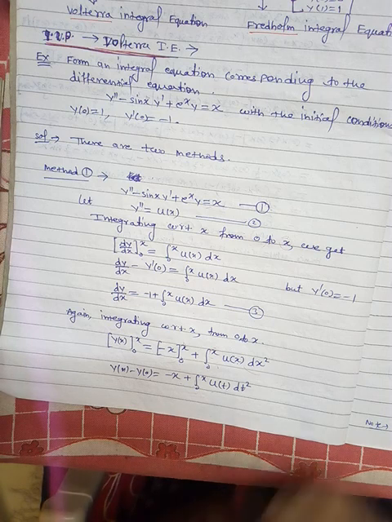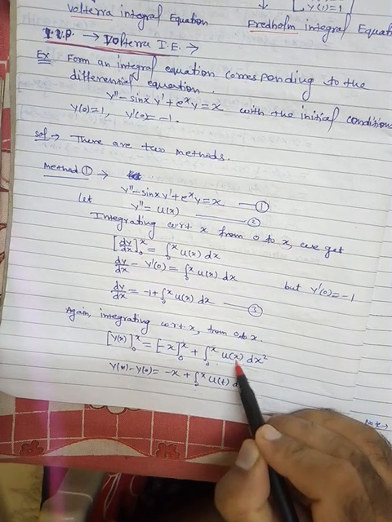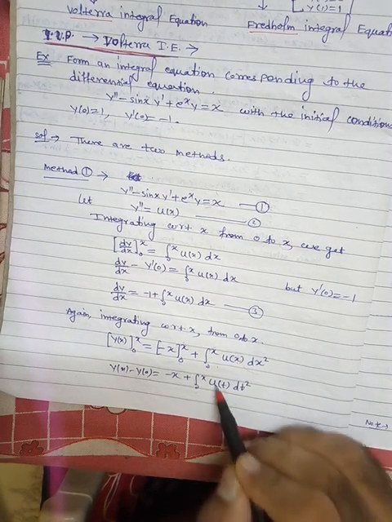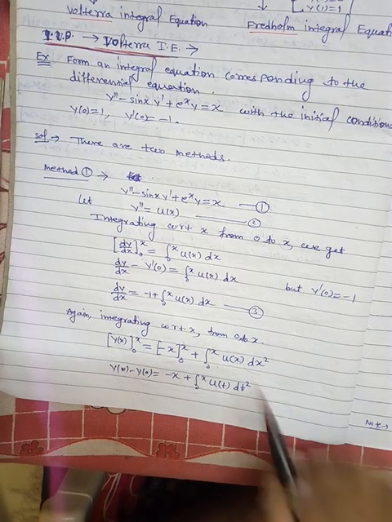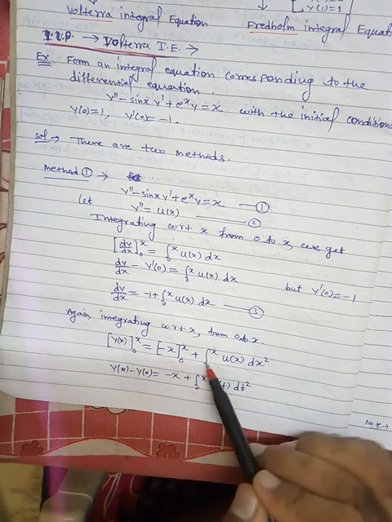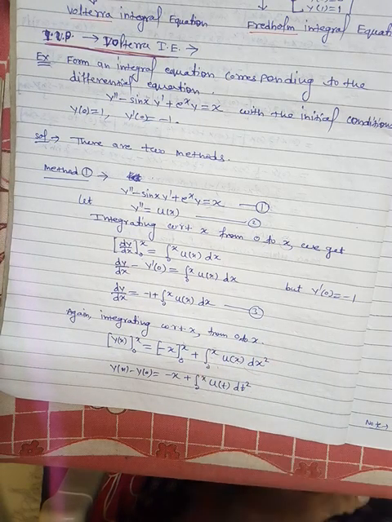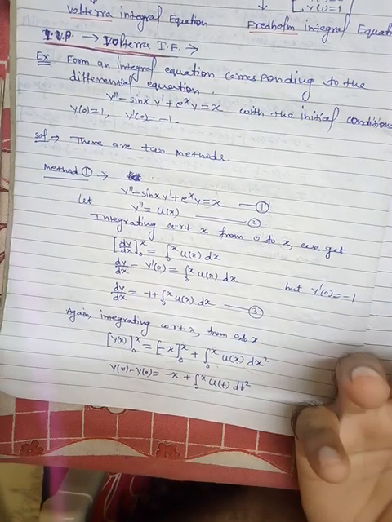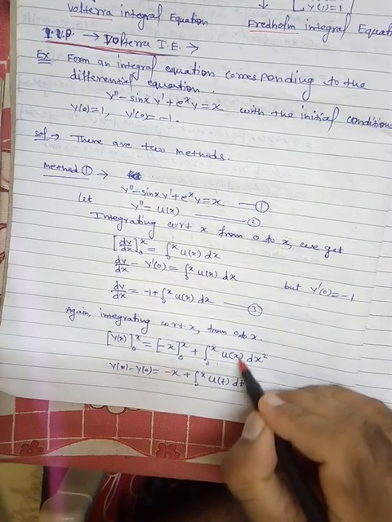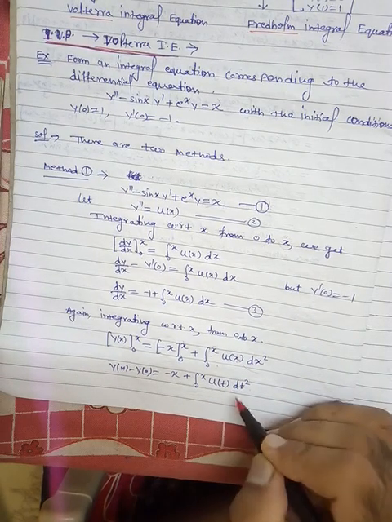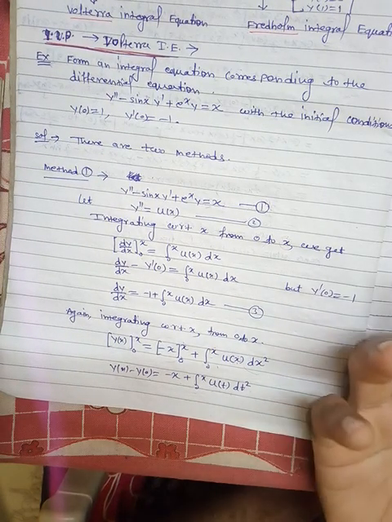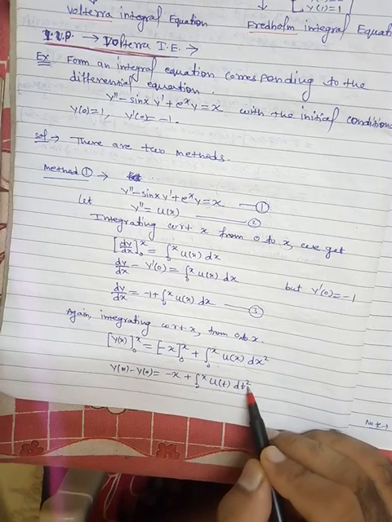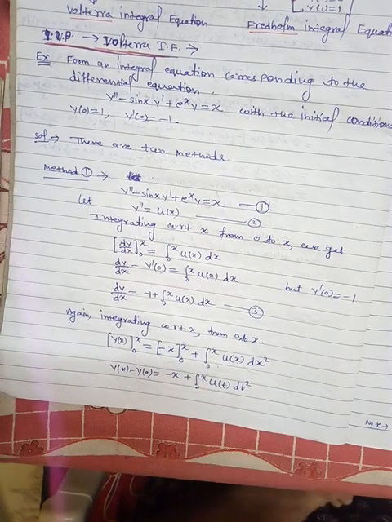To apply that formula, first replace this x by t, another variable quantity. This will not affect anything, because after solving and substituting the limit, you will get a function of x. Similarly here t is just a variable quantity. So if you remove x and represent it by t, the integral will still be the same. So that's why u(t) dt squared, and here the limit is 0 to x.